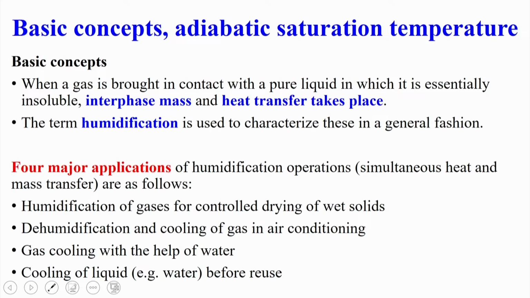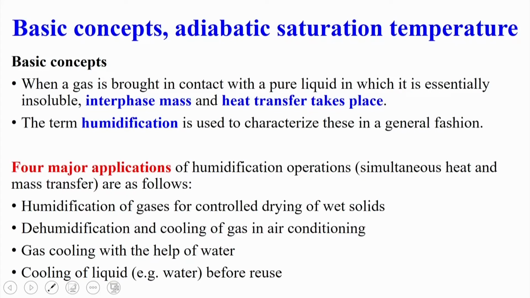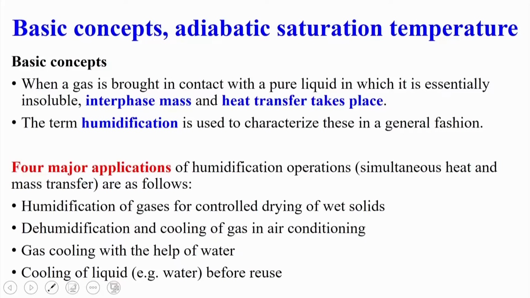When a gas is brought in contact with a pure liquid in which it is essentially insoluble, then interface mass as well as heat transfer take place. The term humidification is used to characterize this in a general fashion. Four major applications of the humidification operations are as follows.